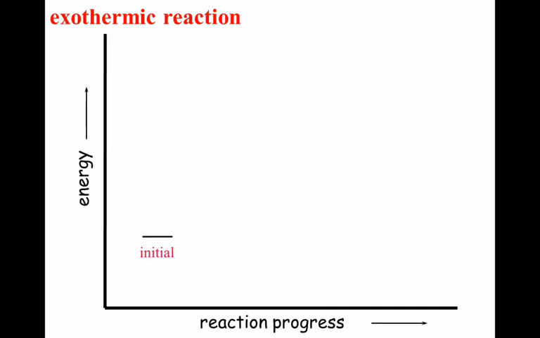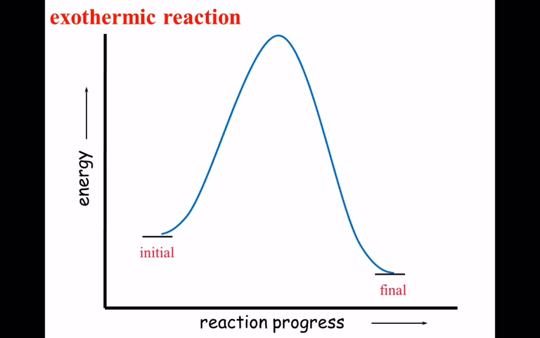This is an exothermic reaction, so we know that energy is going to be given off, so our final energy is going to be less than our initial energy. So that's the energy of your reactants. Okay, you see the hump? That actually is your energy barrier, the activation energy.